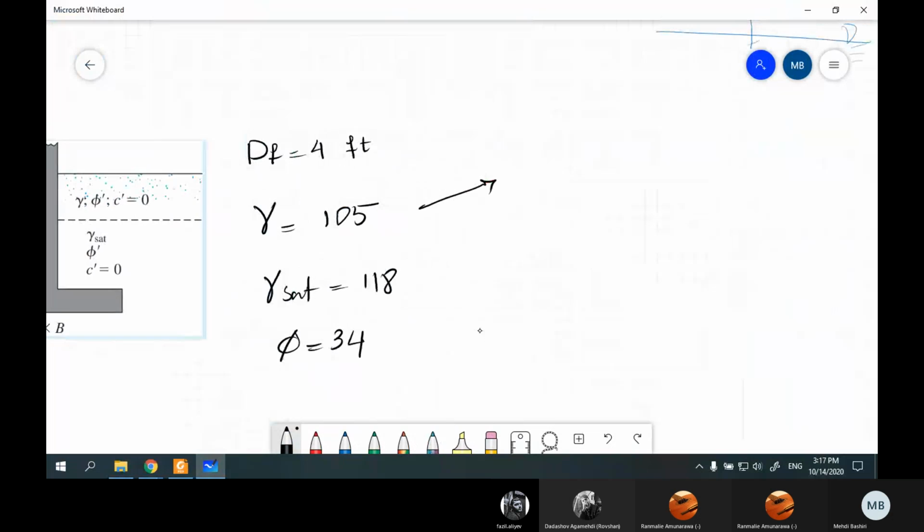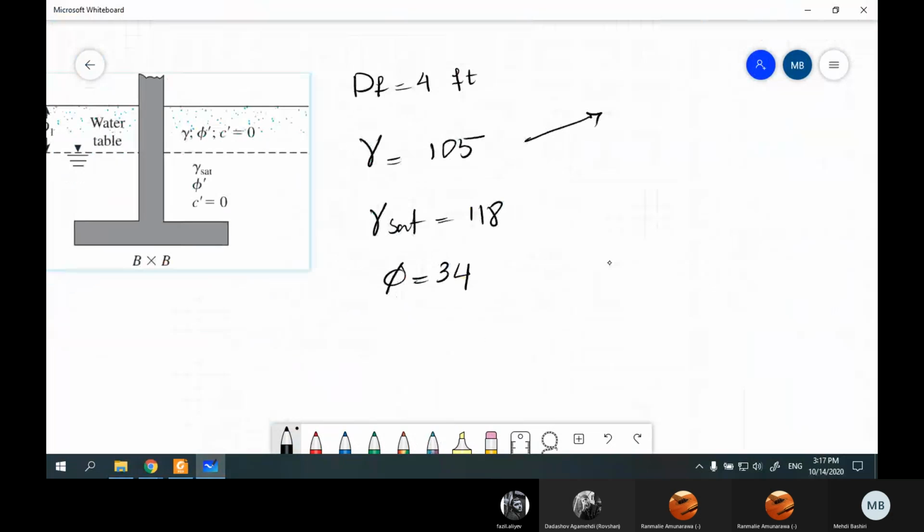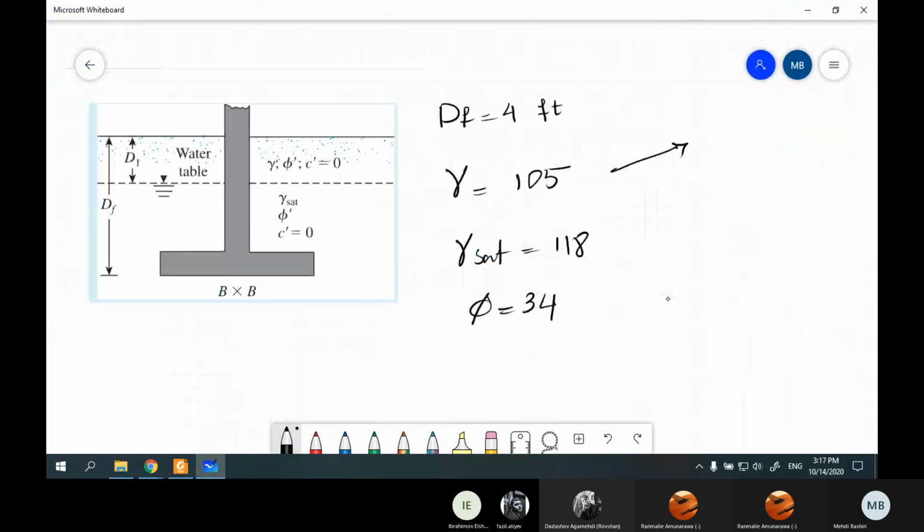I'll explain three cases. In the first one, D1 is 2 feet. In the second one, D1 is 5 feet.